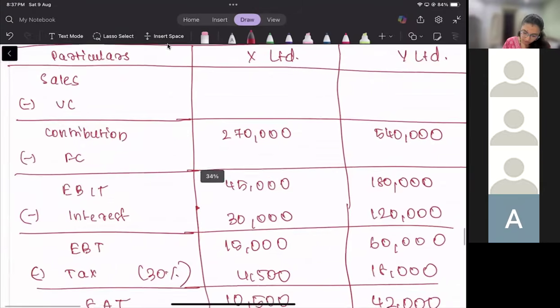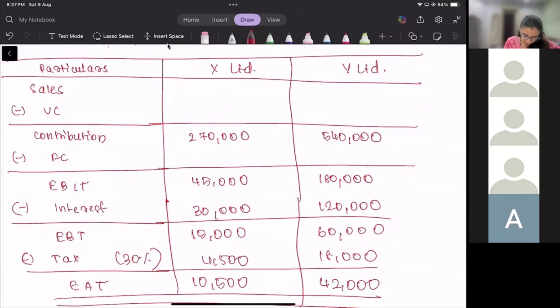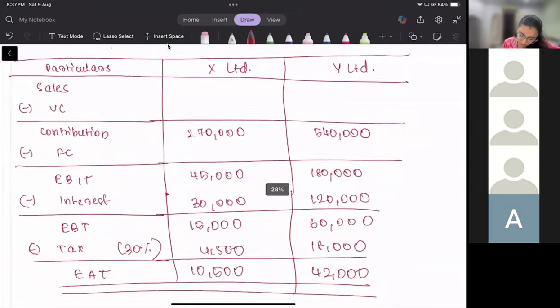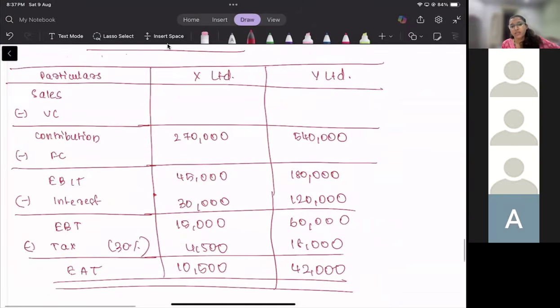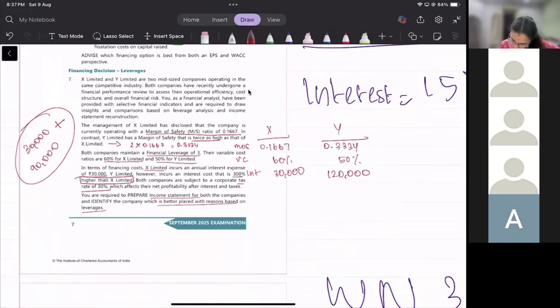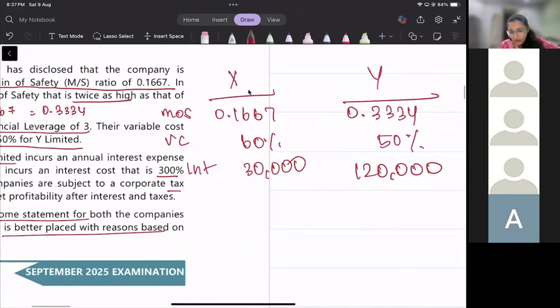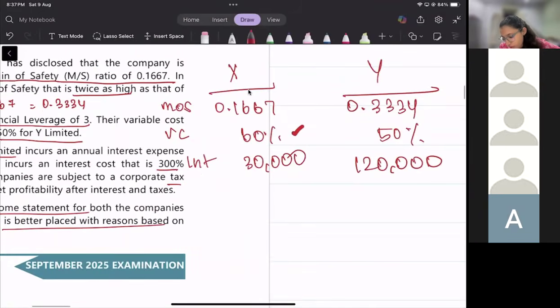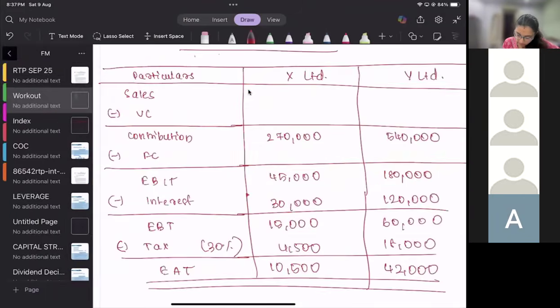Now tell me, the only things that are missing are sales, variable cost, and fixed cost. Is there something in the question that we have not used? See, here they have given us the variable cost ratio as 60 percentage and 50 percentage.